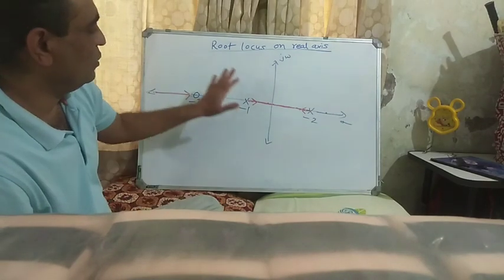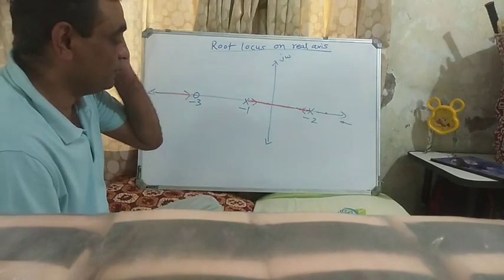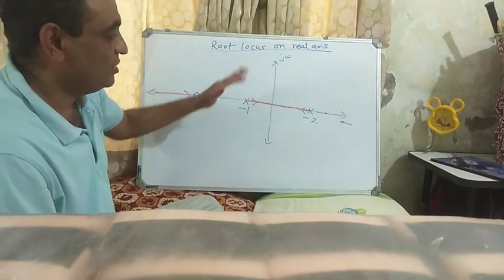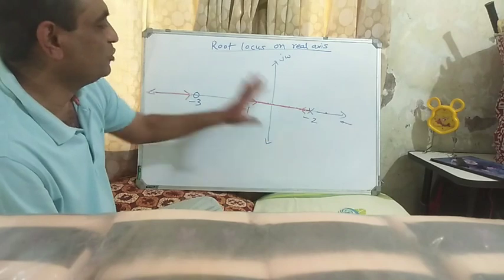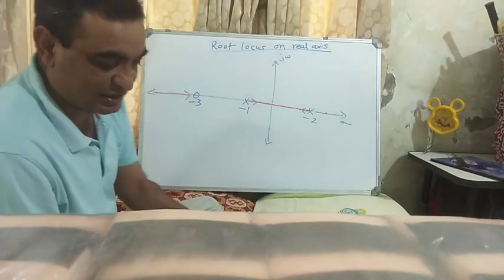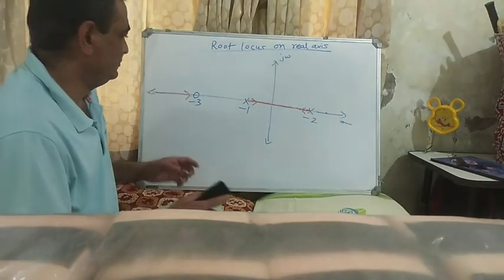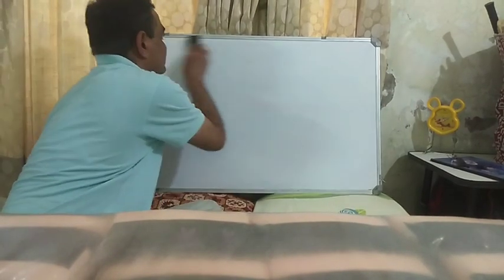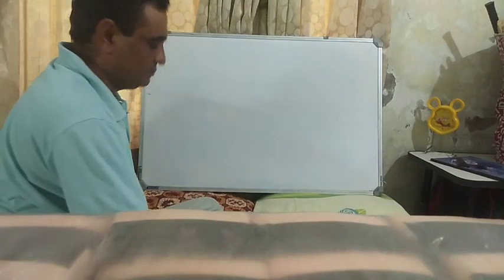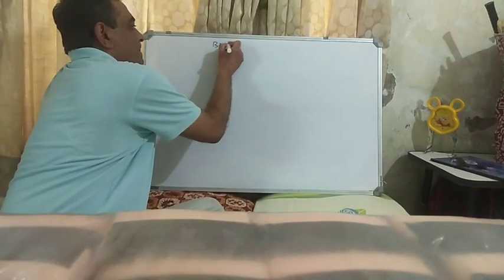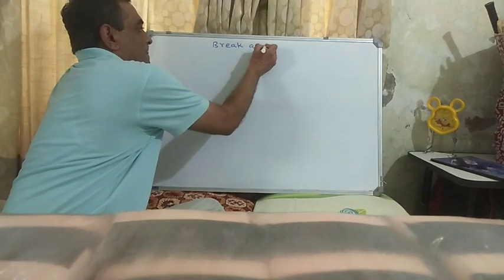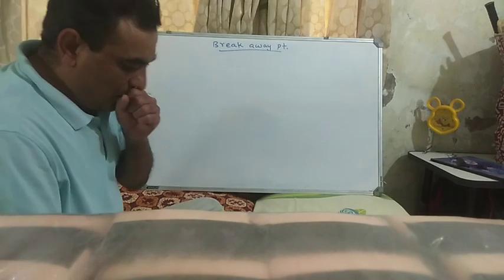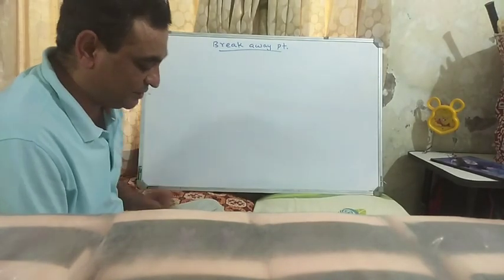So we have already calculated the portion of the real axis, the line segment on the real axis, which is a part of the root locus. So I need to find breakaway points now. Let us find that. For that I need to have a characteristic equation.